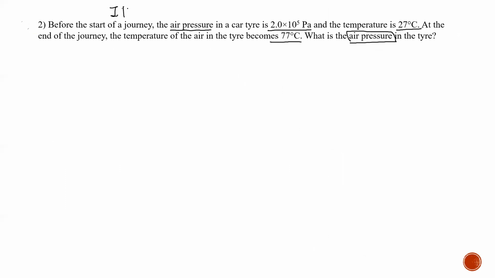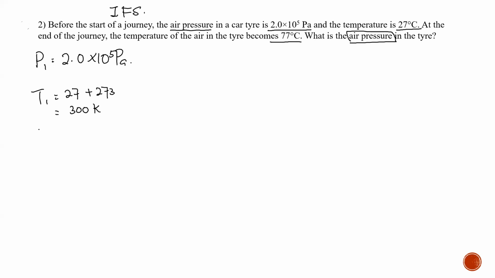So, IFS. Air pressure in the beginning, P1, is 2.0 times 10 to the power of 5 Pascal. Temperature 1 would be 27 plus 273, since we want Kelvin, 300 Kelvin.